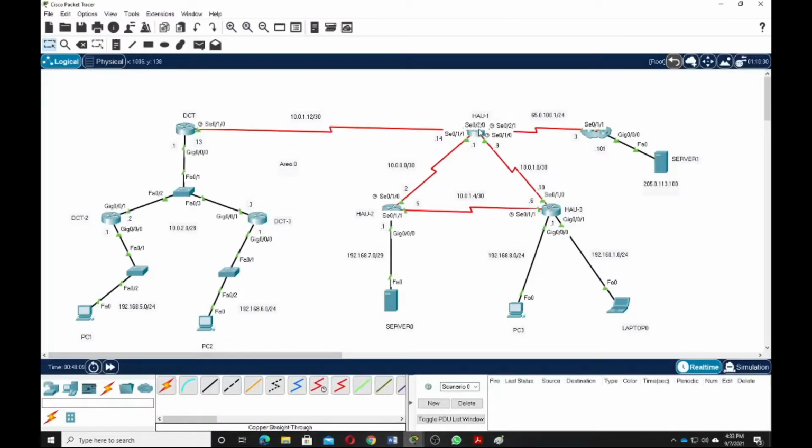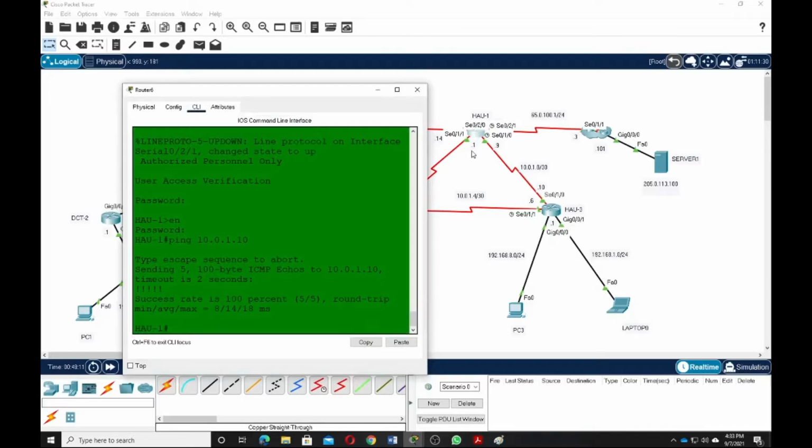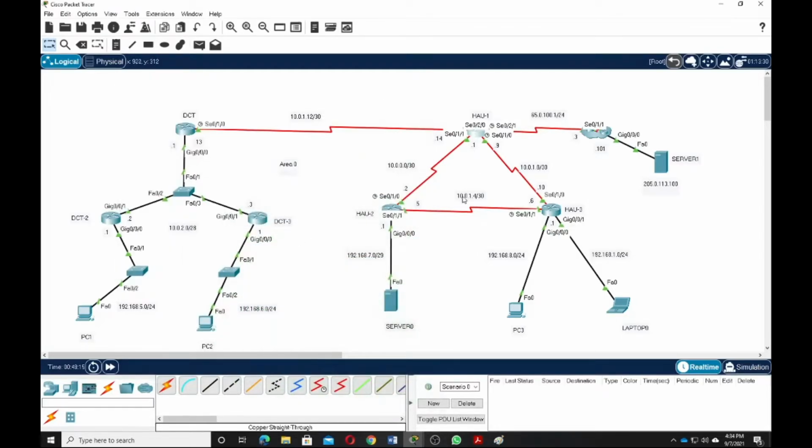So this is the HAU. By the way, before we proceed with the configuration of OSPF, this network has already been configured in part 1, the interfaces, and they are communicating only with their directly connected networks.